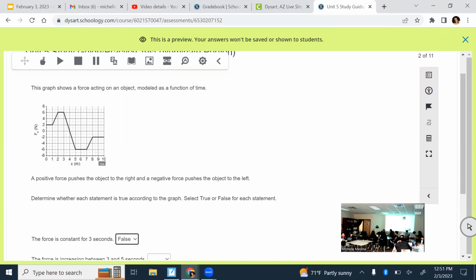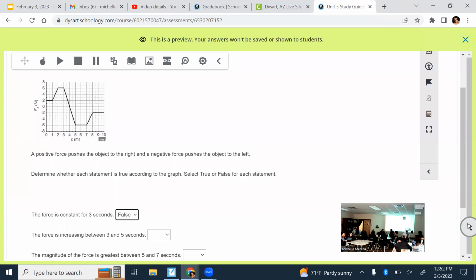Let me see how it wants it on your test. But for this one, it's definitely false. I guess just if it's in a row, constant. And it's not in this one.